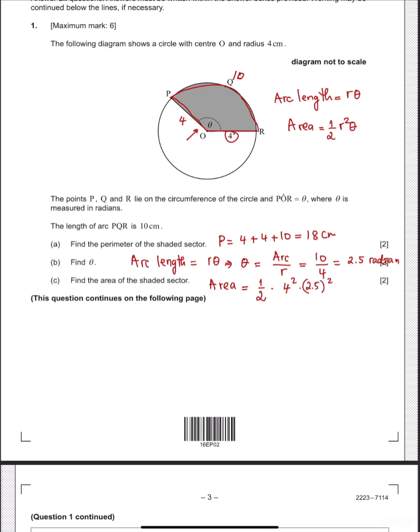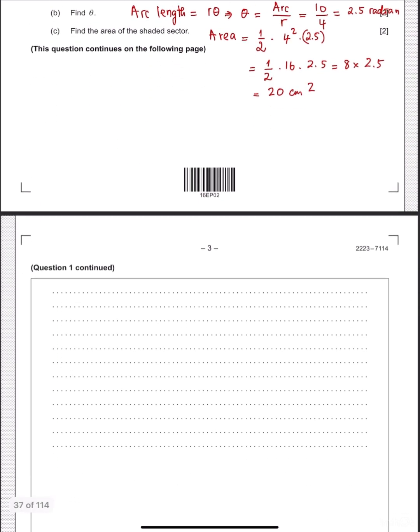So the answer will be, 16 times 2.5 over 2, that will be 8 times 2.5, and that will be 20. So that will be 20 centimeters squared. So for question C, we already had it.